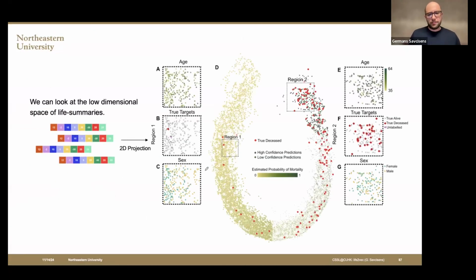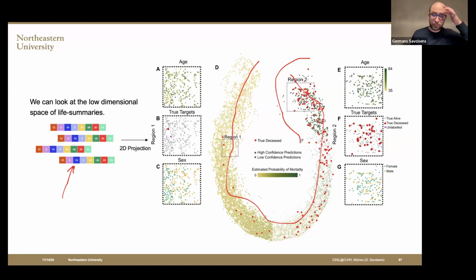As I told you, life2vec, or rather the way it's trained, also produces the embeddings of your life trajectories, right? And we can also look at the space that is created by these life trajectories. So we could see that when life2vec is trying to predict mortality, it actually arranges sequences into this shoehorn kind of thing, and it places people who are more likely to die on the right side of the space and vice versa on the other side.